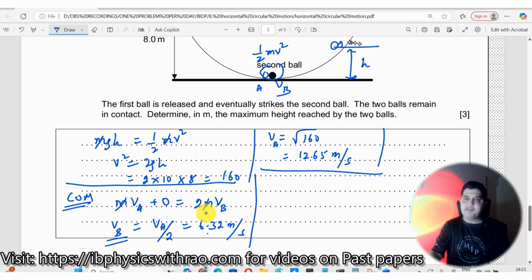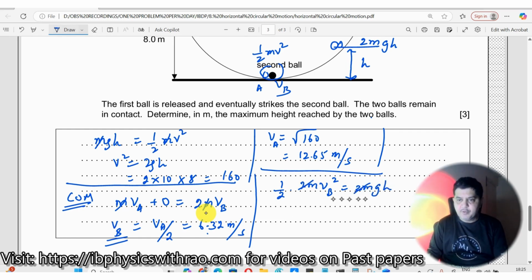If both balls rise up, the potential energy would be 2m times g times h. Why 2m? Because the total mass is 2m. So I can now write half into 2m into VB square is equal to 2m into g into h. The 2m goes away.